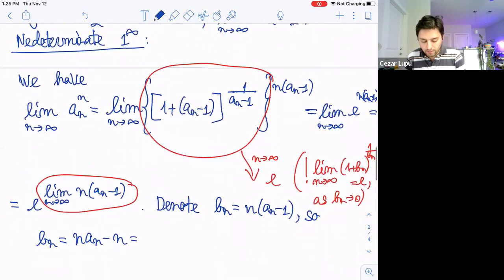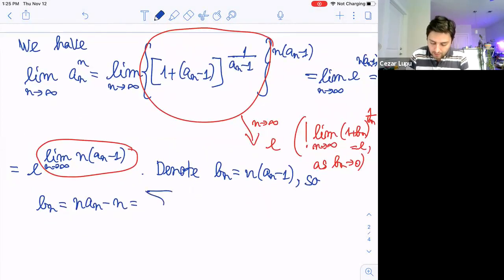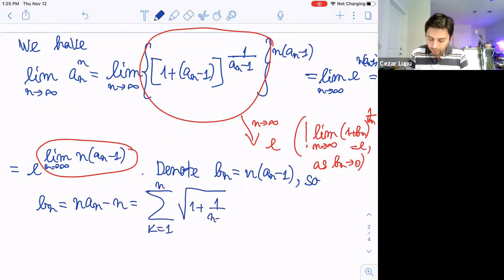It's 1 over n times the sum from k equals 1 to n of the square root of 1 plus 1 over n plus k, minus n. So that's my sequence.